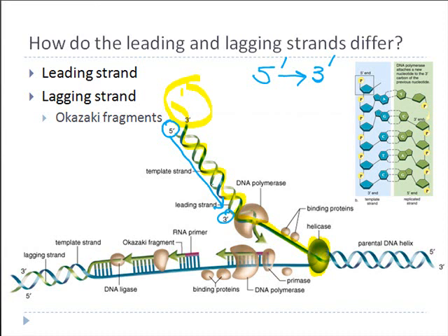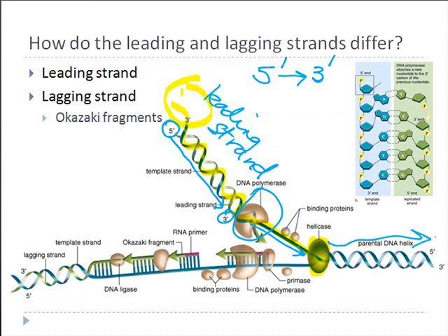This strand is called the leading strand, and here's why. Replication of the DNA occurs fastest on this strand. You'll see here that the DNA polymerase, which is in charge of bringing in new nucleotides to match up with the parent strand, can just keep moving towards where helicase is unwinding the parent DNA. Helicase just keeps moving in this direction and unwinding the DNA.